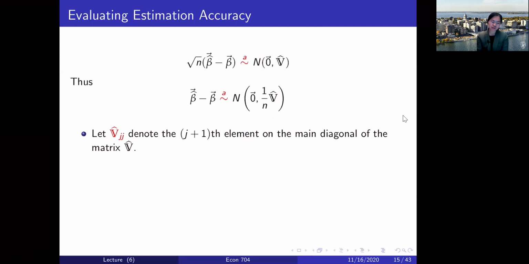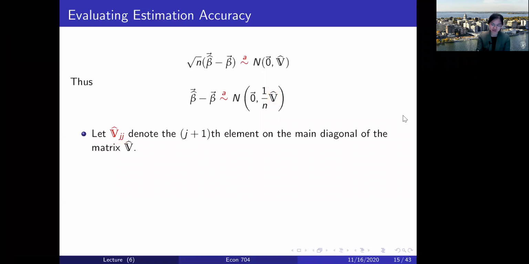Now, suppose we want to evaluate the estimation accuracy of the jth slope coefficient, beta j hat. For beta j hat, the approximate variance will be v hat jj divided by n, right?